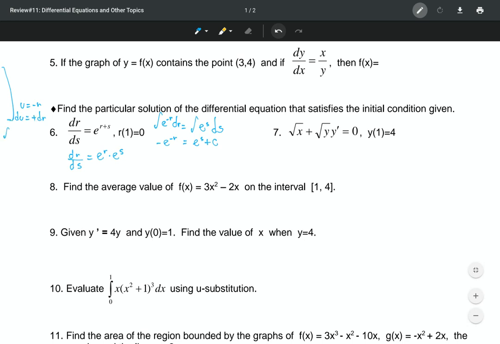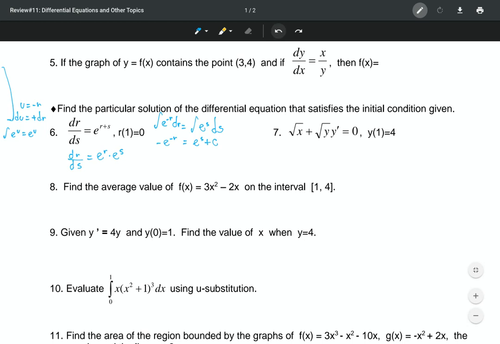It'd also be useful to know that the antiderivative of e to the u is just e to the u times the derivative of u. Let me see, am I telling you the truth on that? No, I'm not actually. The antiderivative of that is just that.